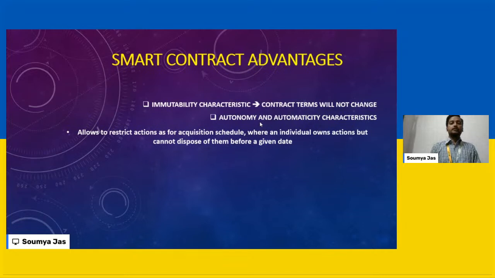That means when it starts, it has to be completed within the life cycle for that given date.